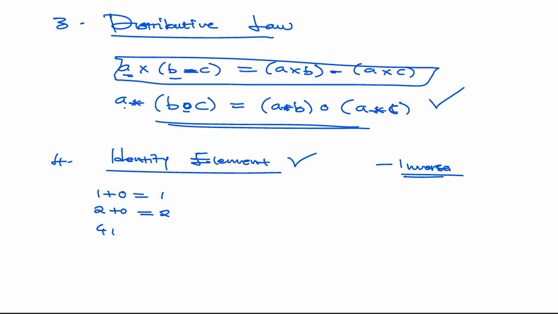Then 4 plus 0, we get 4. What are you seeing, guys? You are seeing that even if we add 0 to any number, the number is repeated as the answer. So 0 is an identity of any number when it comes to addition.